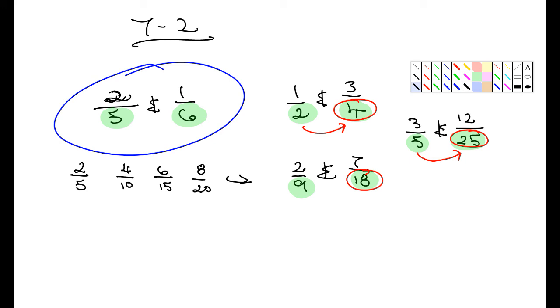And then I could take 1/6 and I could multiply that by 2. So what do I get here? 2/12. Then I could multiply it by 3, and then I'd get 3/18. I could multiply it by 4, and then I'd get 4/24, and I could kind of keep going.